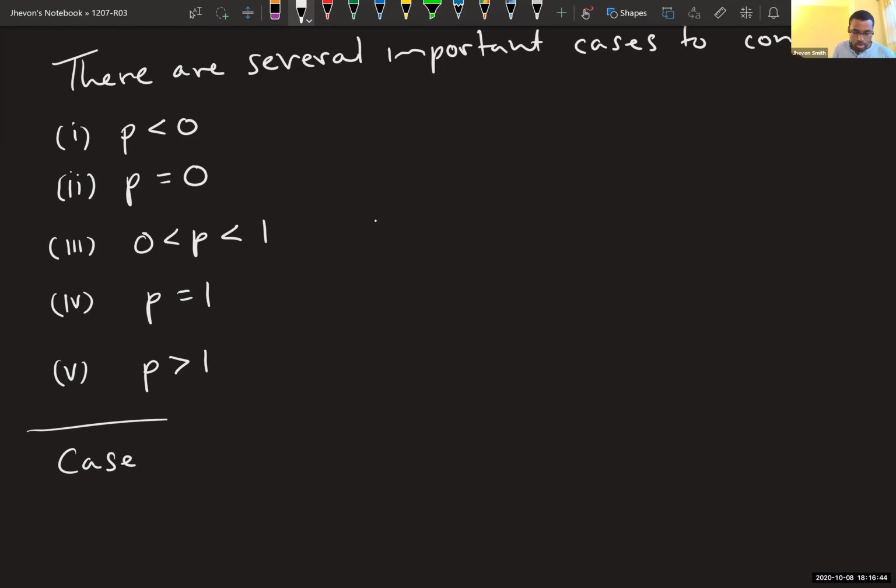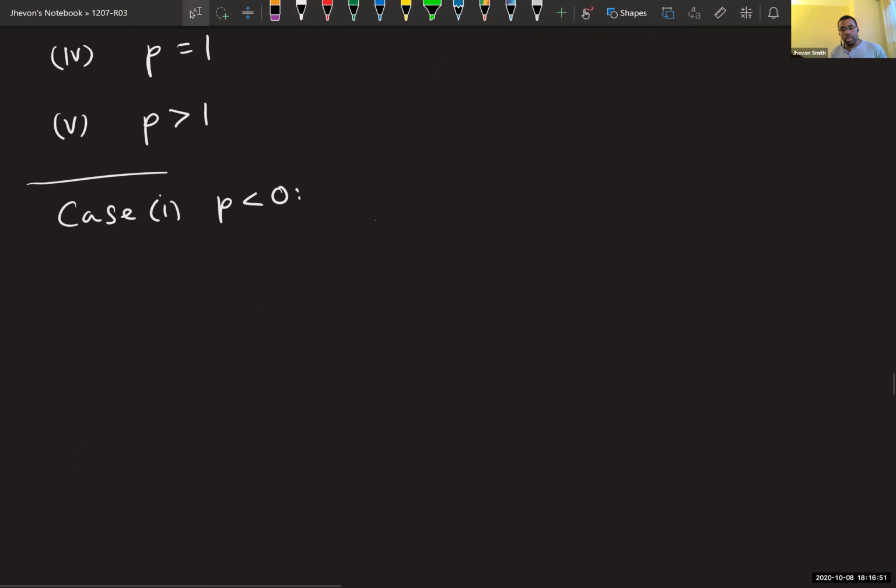Let's look at case 1. P less than 0. How can we deal with this? Well, set p equals minus k where k is positive, right? So I write p as the negative of some positive number, right?